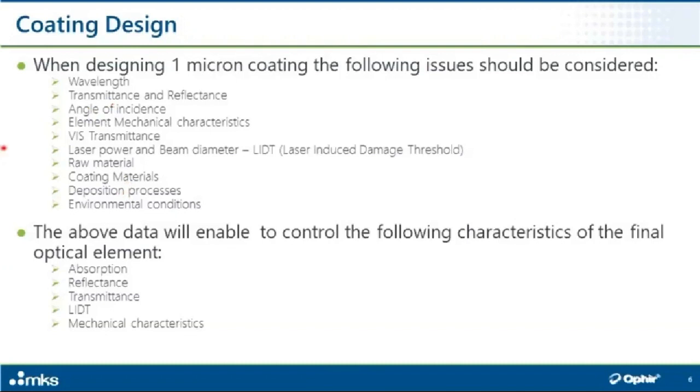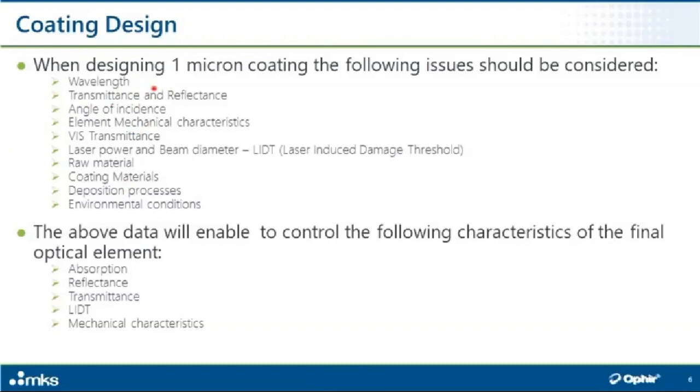The first parameter is the laser wavelengths. The range of wavelengths in fiber lasers is between 1030 to 1070 nanometers.